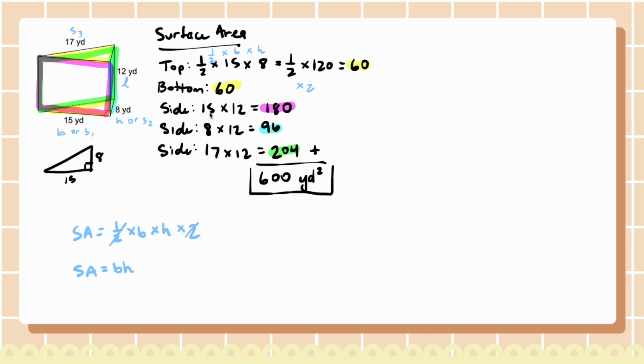So what we've done over here is we've taken each of the sides and multiplied it by the length. So S1, S2, and S3 all multiplied by L.